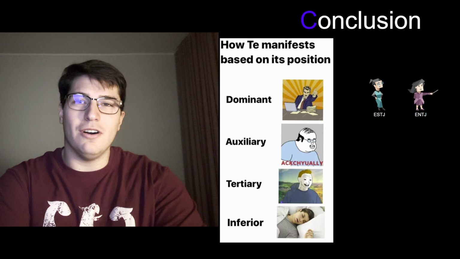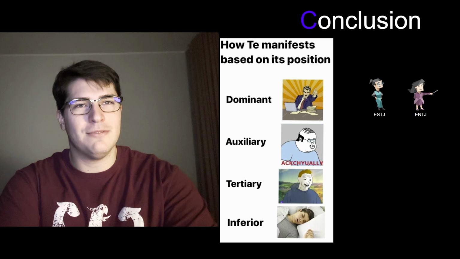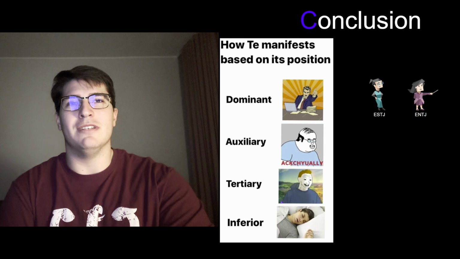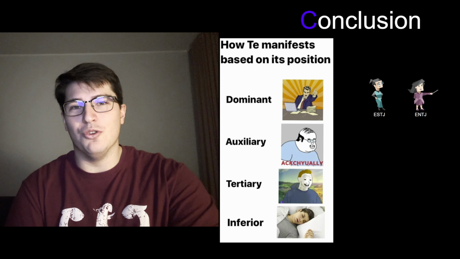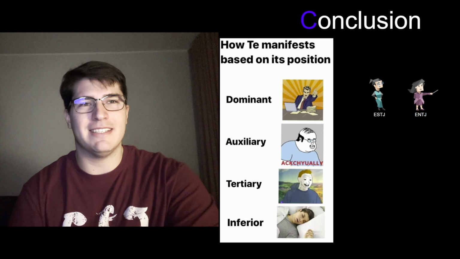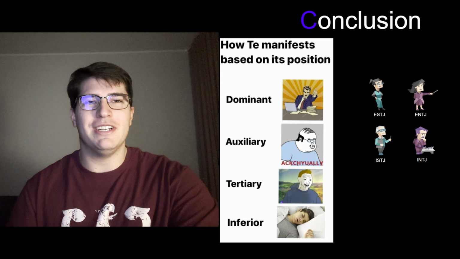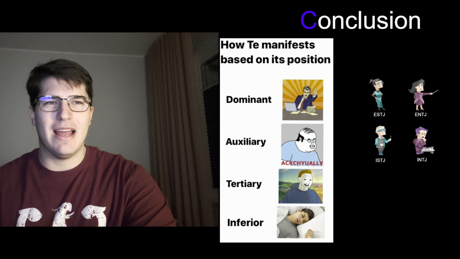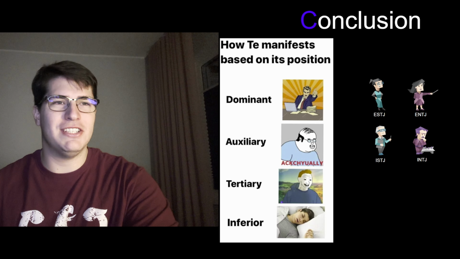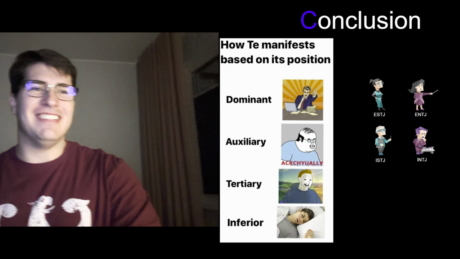And then you have the auxiliary personalities, which have the extroverted thinking in second position. Do you know which ones are those? Let's see. Those are the ISTJ and the INTJ. So you have the NPC there, ISTJ, and the INTJ.